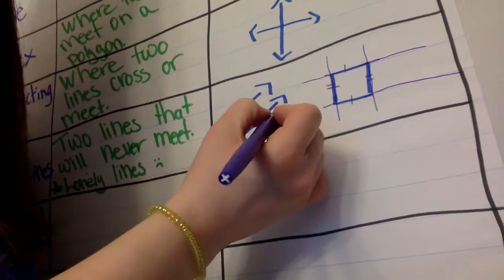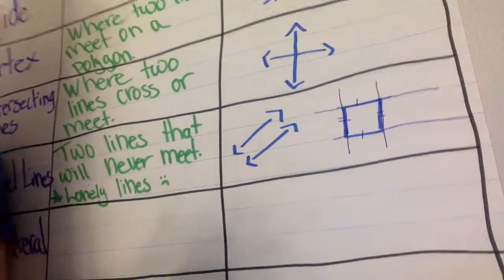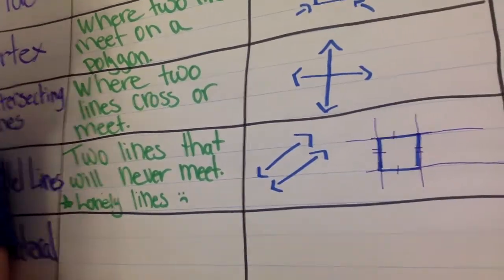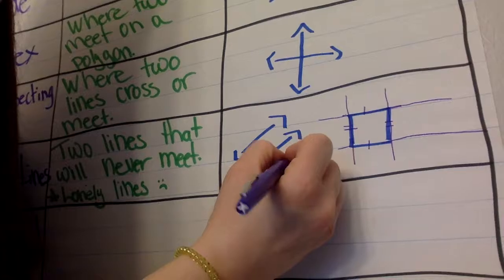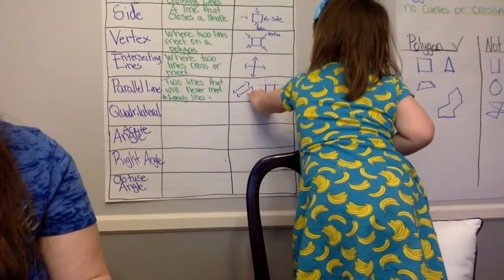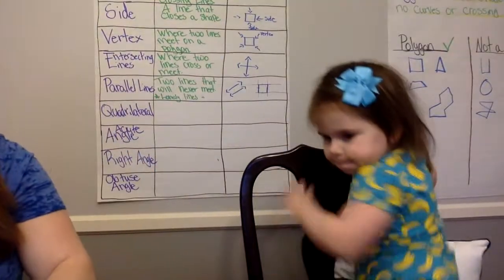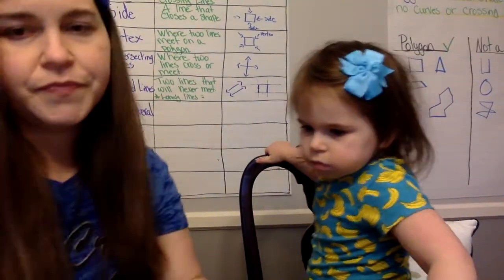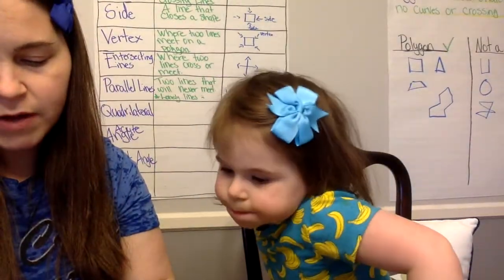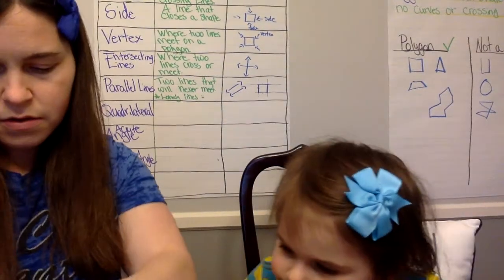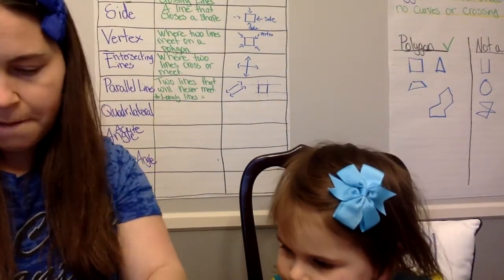Now, if I had, let's say, a trapezoid. Well, here, I'll draw it on this. I'm going to show you. Okay, I'm going to trace my little trapezoid. Okay.